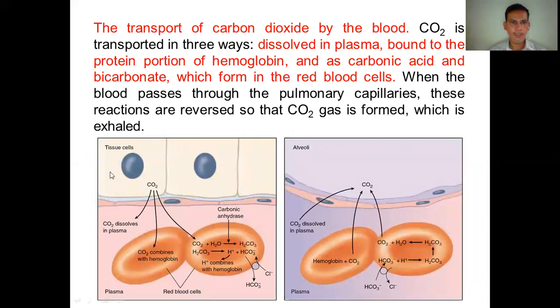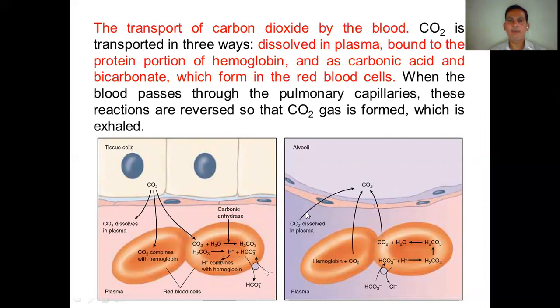Okay, so if we look at the mechanism of transport, in the tissues, CO2 is there when the process of metabolism is going on. Now this CO2 diffuses into plasma, or it could combine to the hemoglobin. This CO2 can also be converted into carbonic acid by carbonic anhydrase, and also into carbonate ions. This takes place at the tissue level.